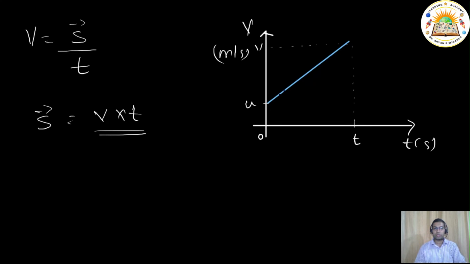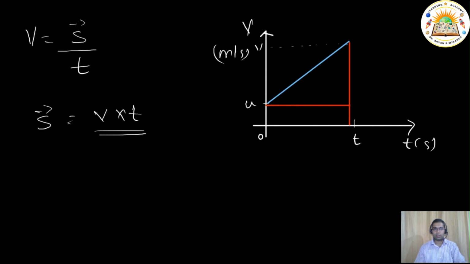Now what I will do is, I will draw a line from u onto this dotted line, and from this blue, if I draw it here, it can be seen that I have two regular geometrical structures here. One is a triangle, the other is a rectangle.